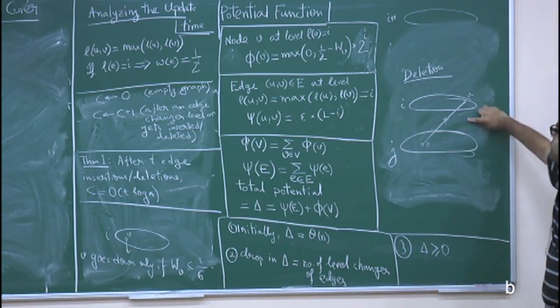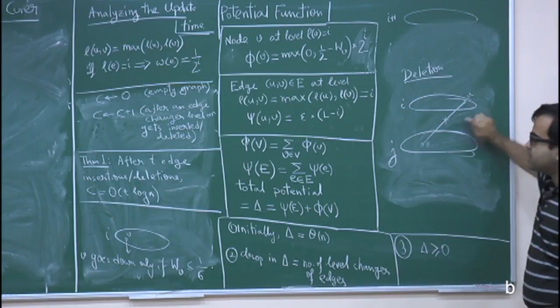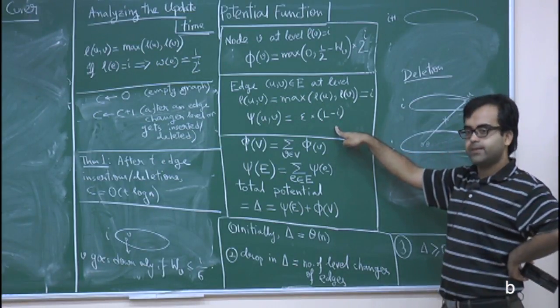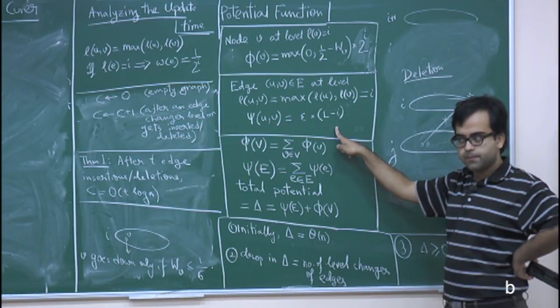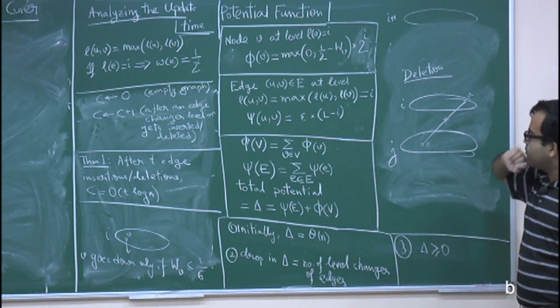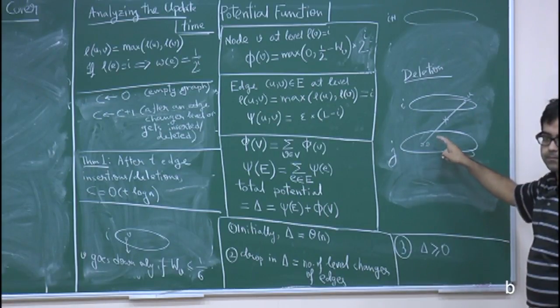because what was the edge potential associated with this edge? L minus I, right, and L minus I was at most log n, and after the deletion of this edge, this particular edge potential will vanish. Make sense? And what will happen to the node potential? So, let us look at this node V. How will this change?